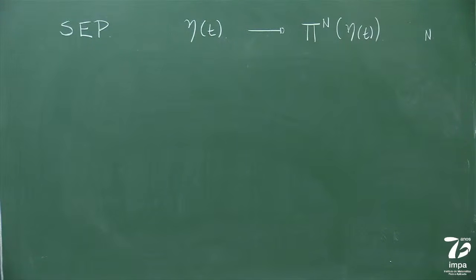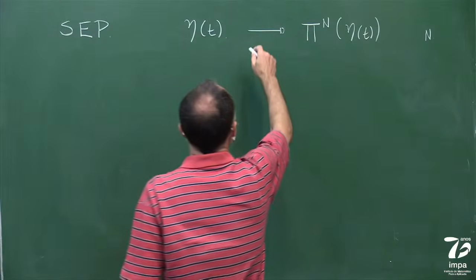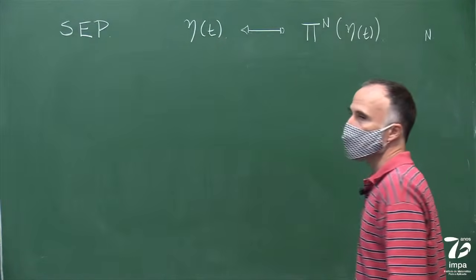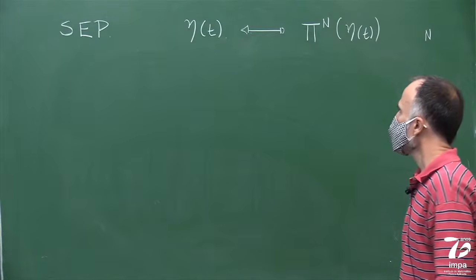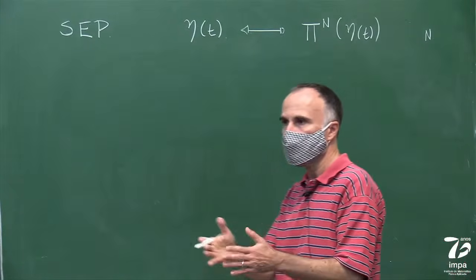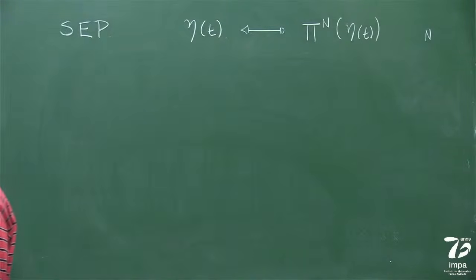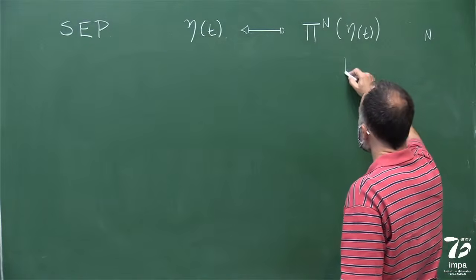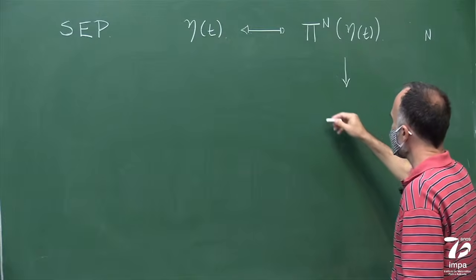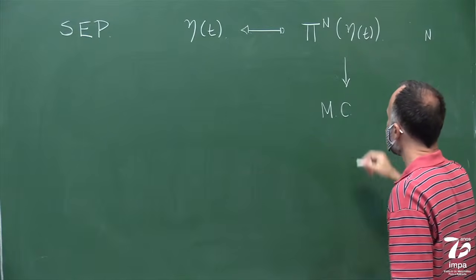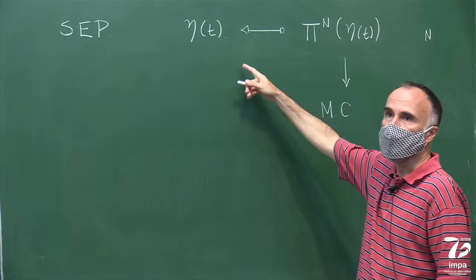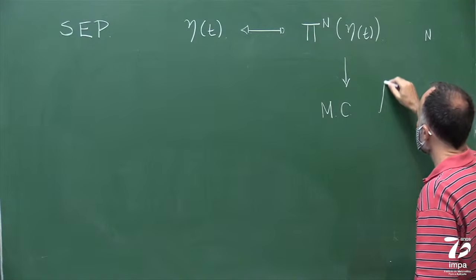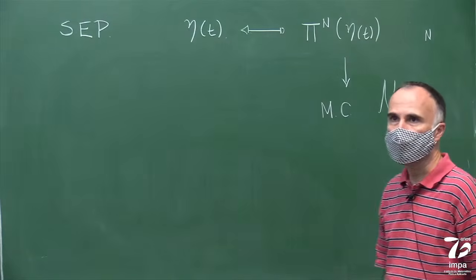So there is a one-to-one relation between these measures, which are combinations of Dirac masses of weight 1 over n at points of lambda n, and my configurations. Which means that actually this is a Markov process, so a Markov chain, but instead of taking values in omega n, now this Markov chain is taking values on the space of measures m.